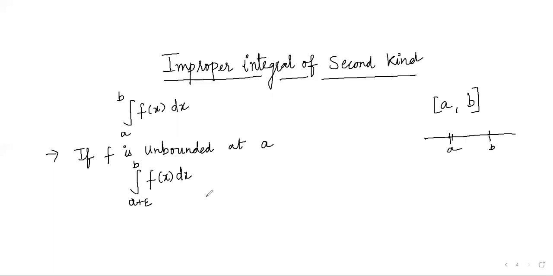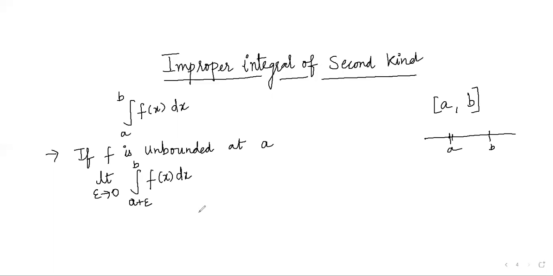So we will be evaluating this integral, and since we are moving very near to a, this distance is negligible. So after evaluating this integral, we will be finding this limit as epsilon tends to 0.